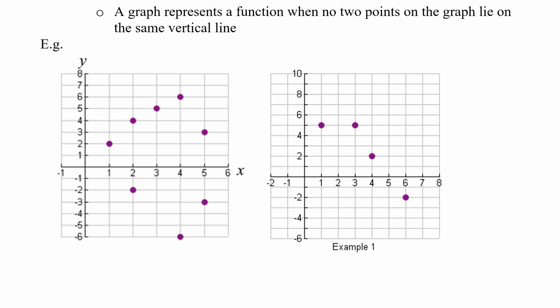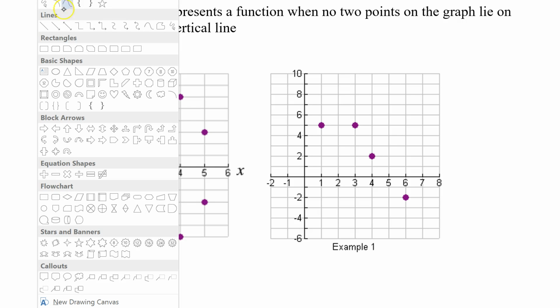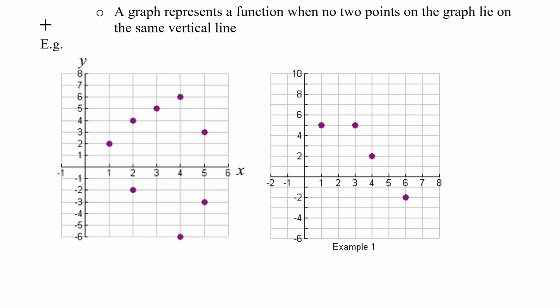The first thing I'm going to do is get my ruler. For here, I'm just going to grab a straight line, move it around, get it nice and straight. Looks good there. And I'm going to darken it up. What I want to do is take this line and move it across my graph.